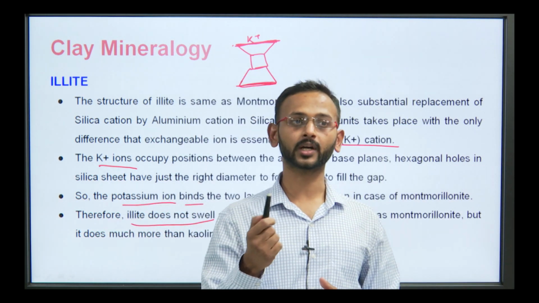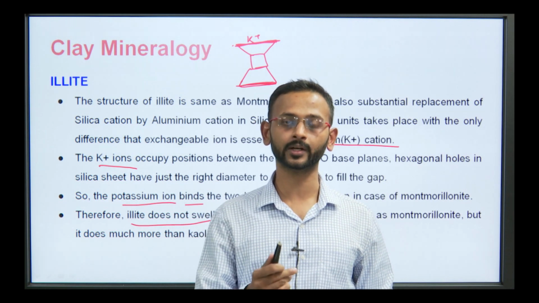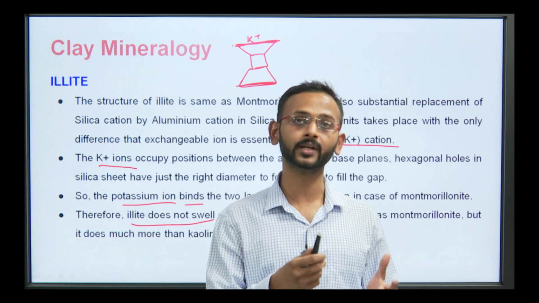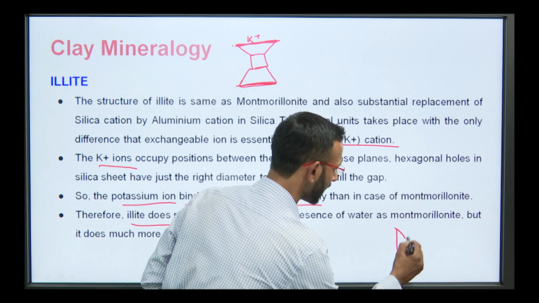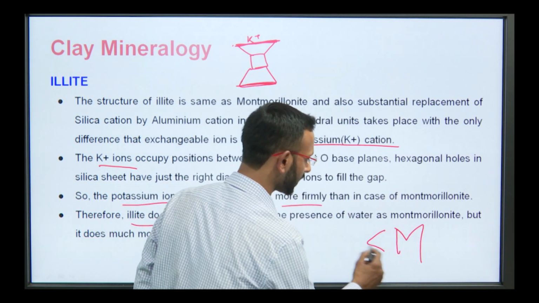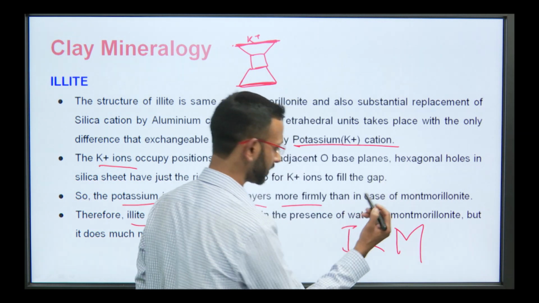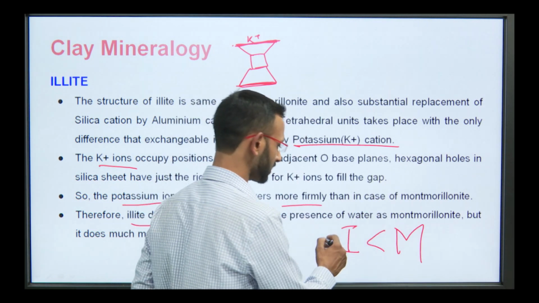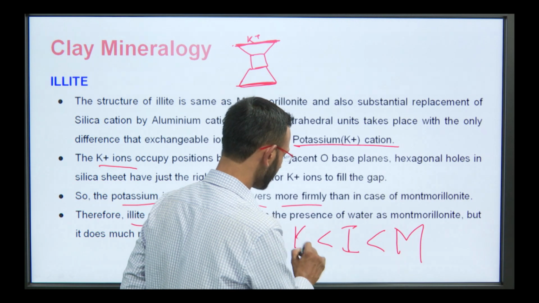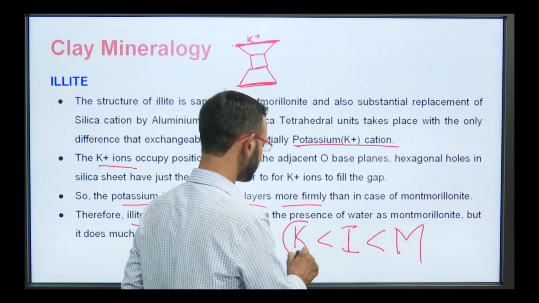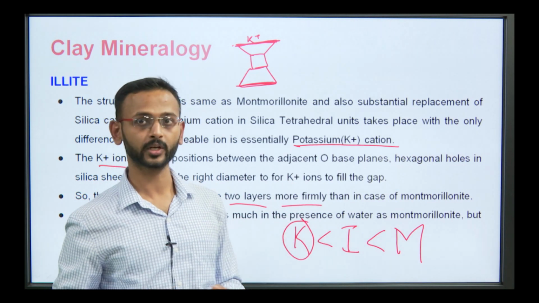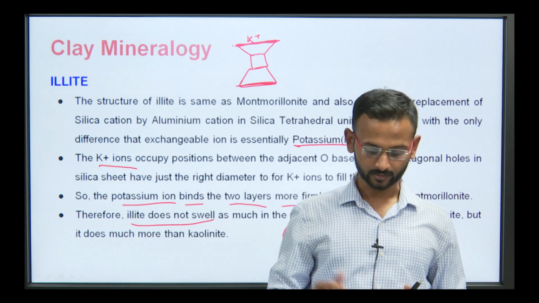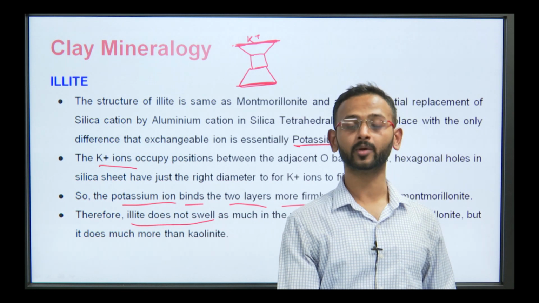So, when we compare the swelling and shrinkage characteristics, montmorillonite is the highest, then comes illite, and kaolinite is the least. This is how the shrinkage and swelling characteristics vary with different clay mineral groups.